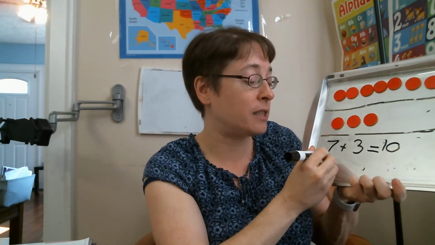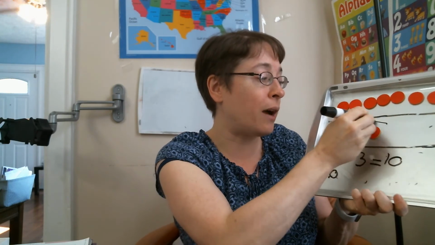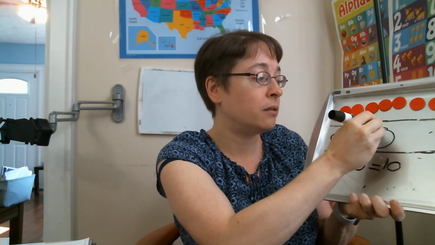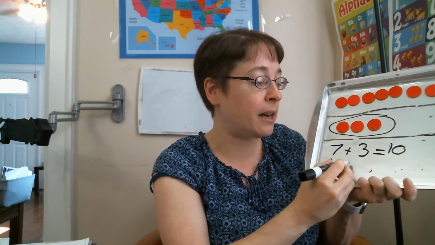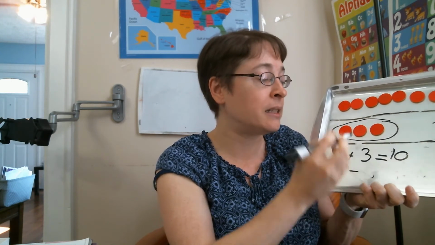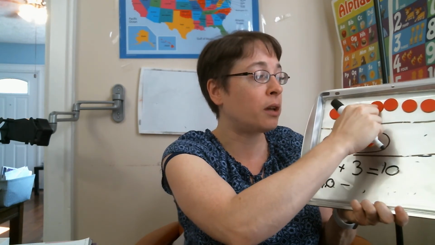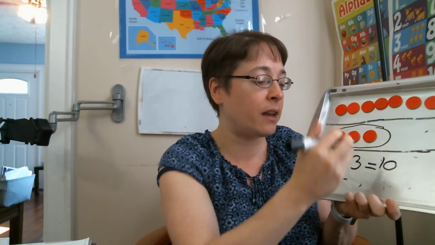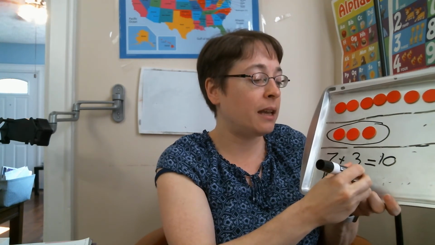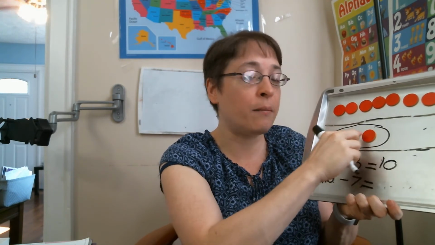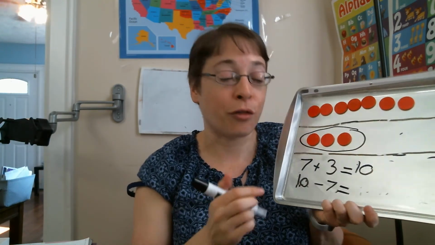So I have 10 minus 1, 2, 3, 4, 5, 6, 7 equals how many? 3.